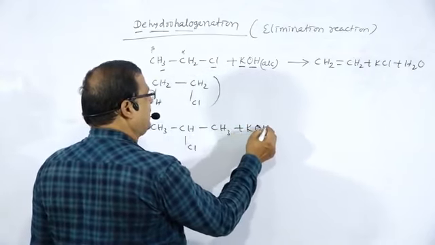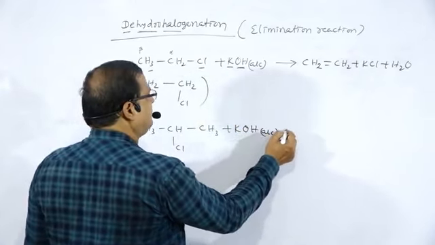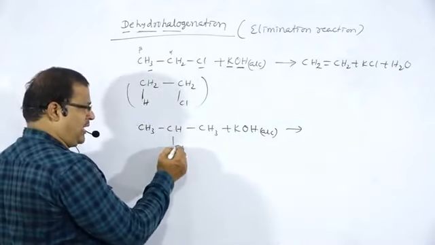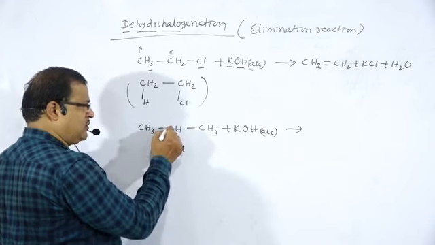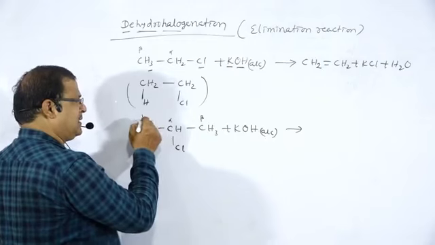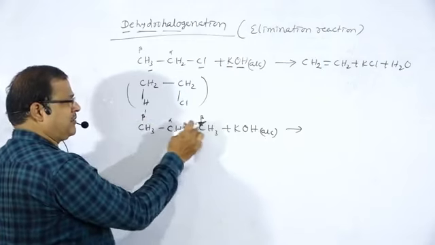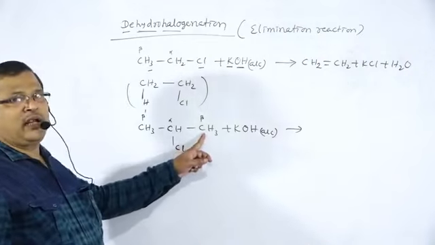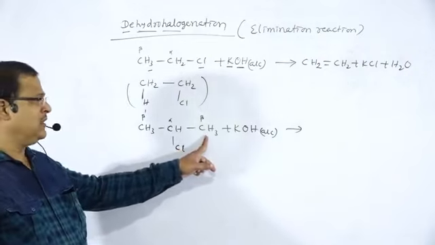If we take another example, CH3-CHCl-CH3, treated with alcoholic KOH. This is the chlorine atom attached to the alpha carbon atom, and this is the beta carbon atom containing the beta hydrogen atom, beta elimination.